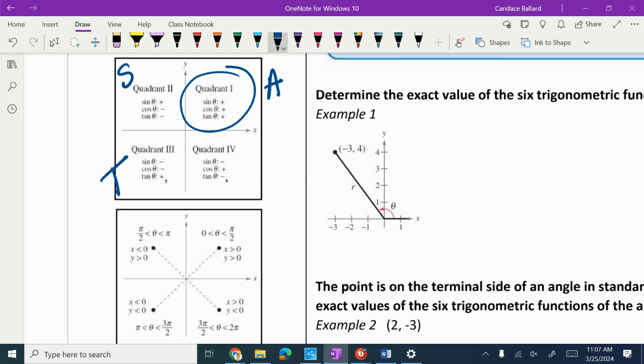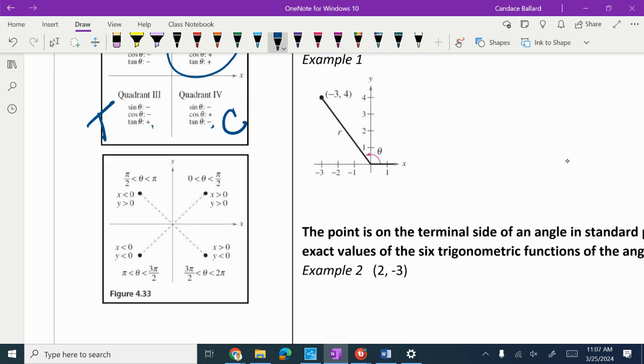In quadrant 4, cosine is positive, and everything else is negative. The other picture says the exact same thing: both the x and y coordinates are positive; x is negative and y is positive; both are negative; x is positive and y is negative. That's stuff we already knew, so most of this is going to be about making sure your direction is correct.